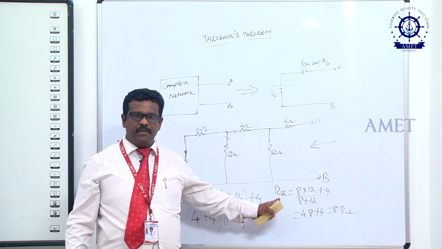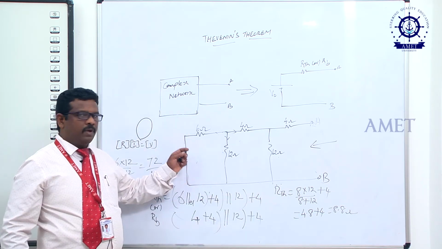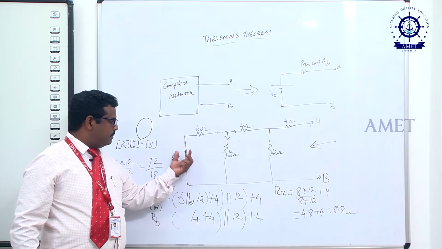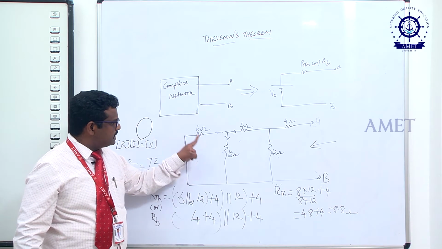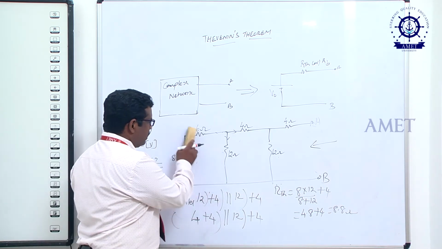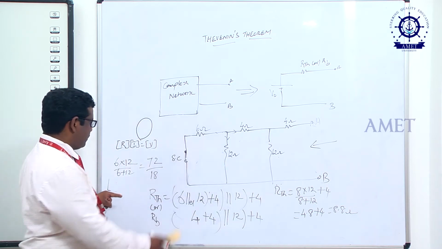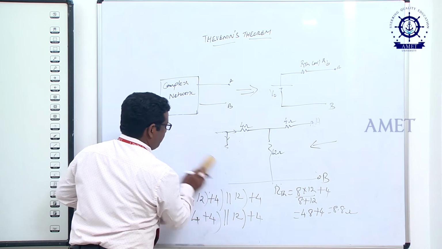Any doubt how to find out the RTH, Thevenin's resistance? Very simple, replace the voltage source by a zero resistance path, that is called the short circuit path. Now the 6 ohm resistance and 12 ohm resistance are parallel. So I am simplifying the circuit, that 6 and 12 are 4 ohms.